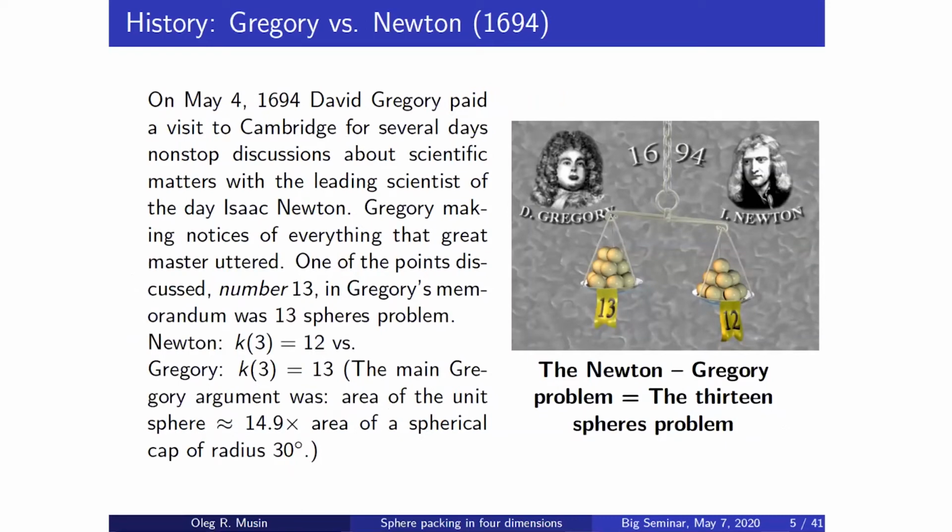Next story happened 100 years later. It is another packing and sphere packing problem, the Kissing number problem, and let me briefly explain it. David Gregory was actually one of the first followers of Isaac Newton.